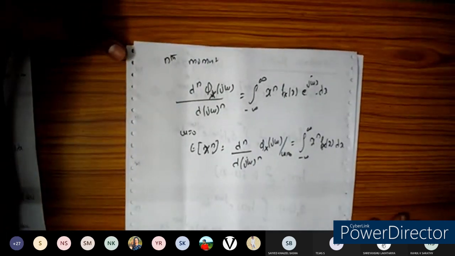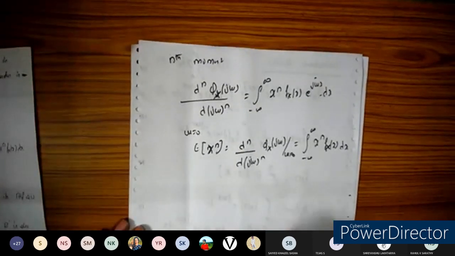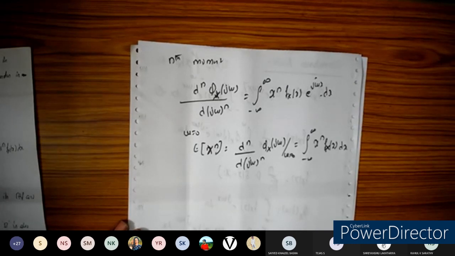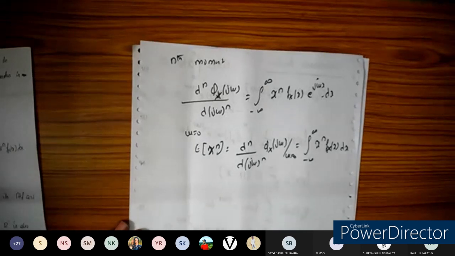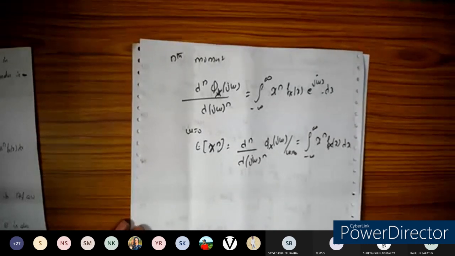This is called the characteristic function for the discrete random variable, and the nth moment we are considering here.